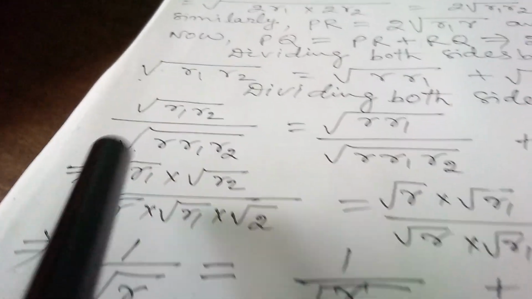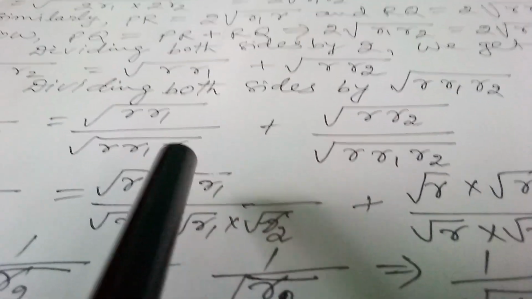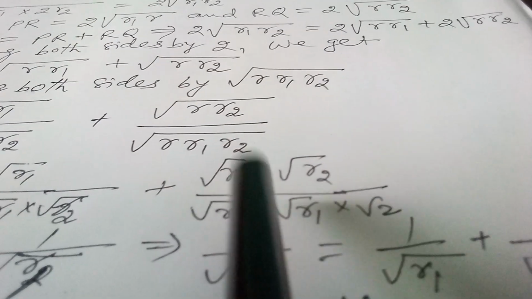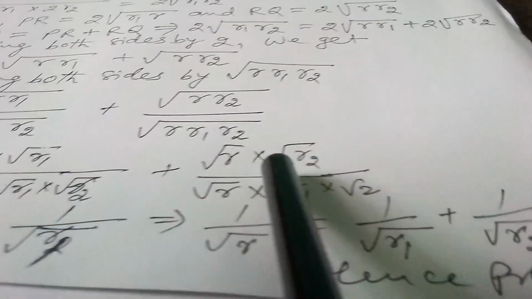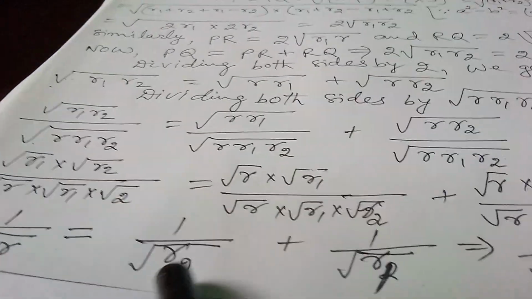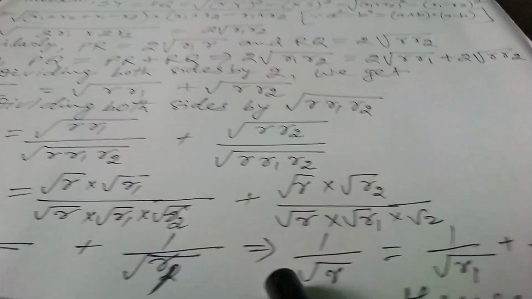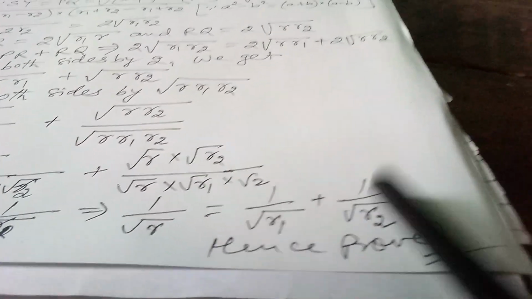Square root of r1 cancelled, then 1 by square root of r2 will be left. In the other term, square root of r cancelled, square root of r2 cancelled, and square root of r1 will be left. So we are left with 1 by square root of r equals 1 by square root of r2 plus 1 by square root of r1, and this implies 1 by square root of r equals 1 by square root of r1 plus 1 by square root of r2.